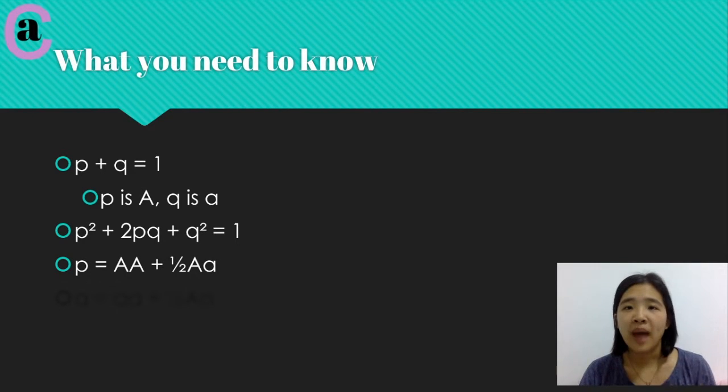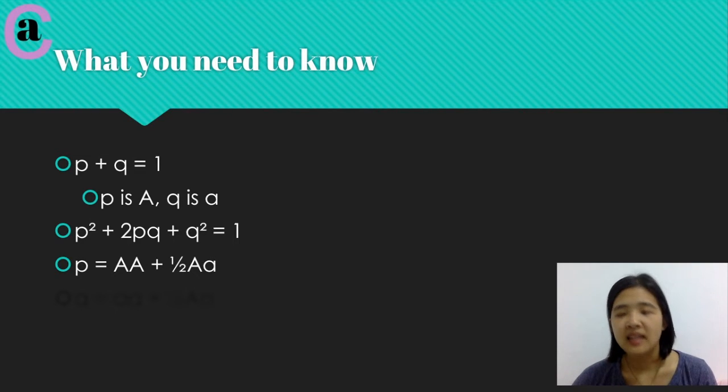So going back to the definition of p and q, you can see that p equals big A plus 1/2 of big A, little a. So this tells you the frequency of the p allele in the gene pool, right?